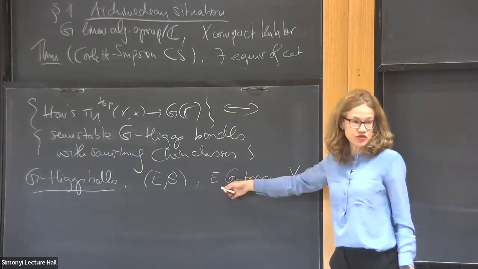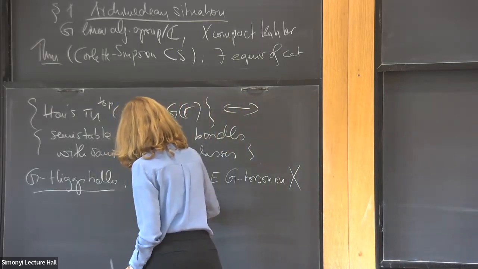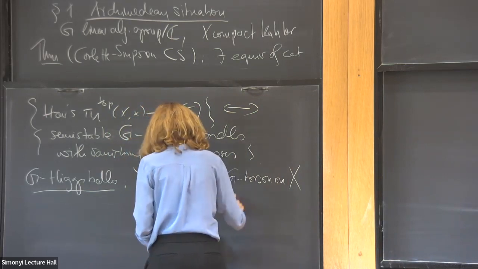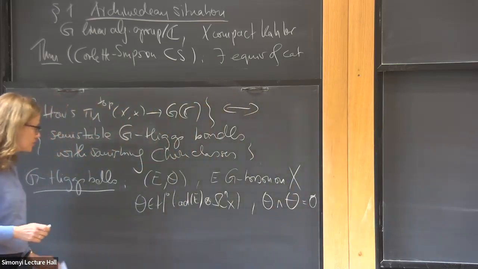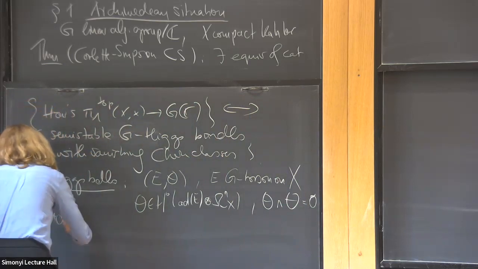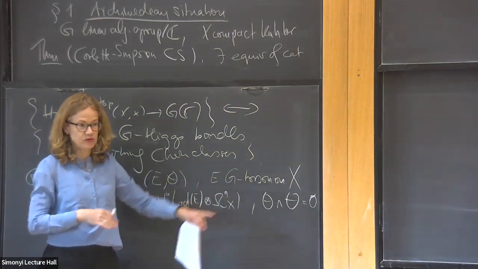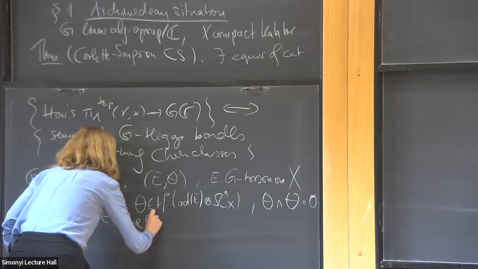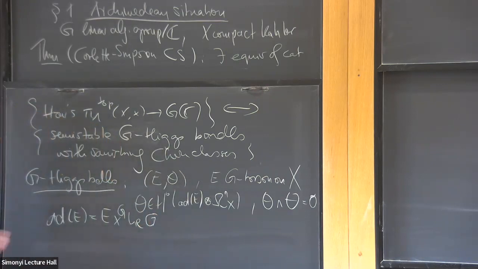For example, if G is GL_N, we just have a vector bundle on X, and the Higgs field is a global section in the adjoint bundle tensor Omega, with the property that when you push it to Omega^2, it vanishes. So this adjoint bundle you get by converting the G torsor into a torsor under the Lie algebra by the adjoint action. So this is the endomorphisms if you are working with G equal to GL_N.